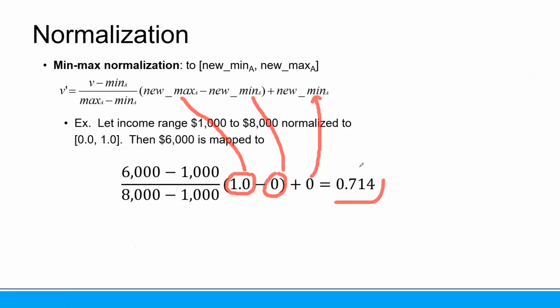So we get this value. Then I can say that if I have a value 6,000, then I can transform it into a value of 0.714. And this is based on the value 0 is 1,000, and then we have the maximum 1, which is 8,000.